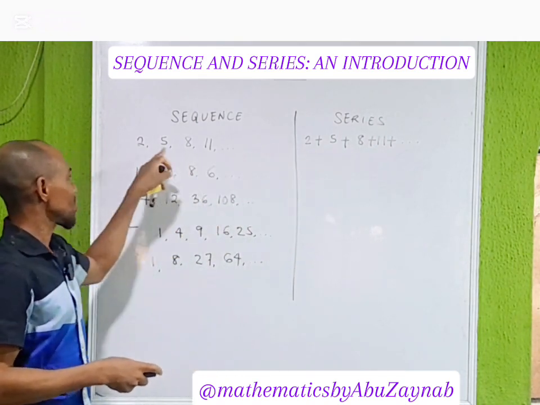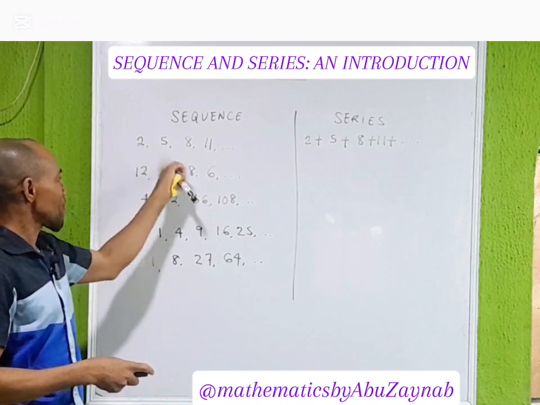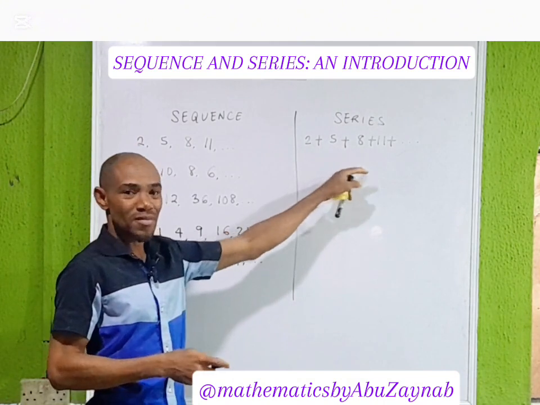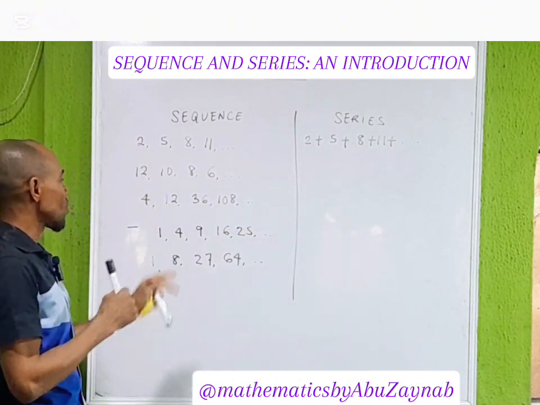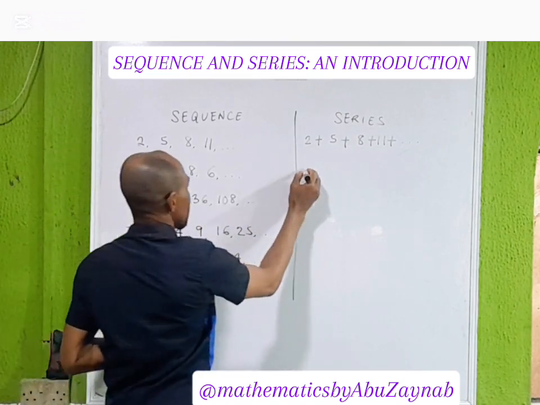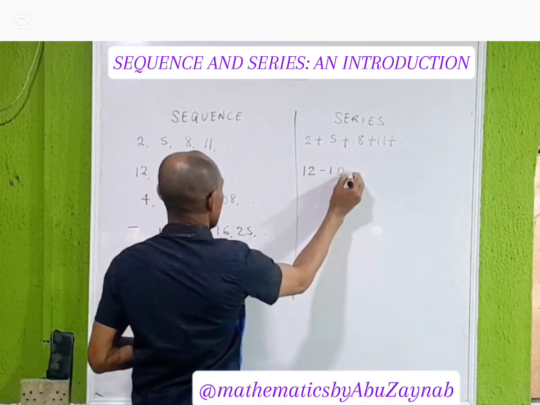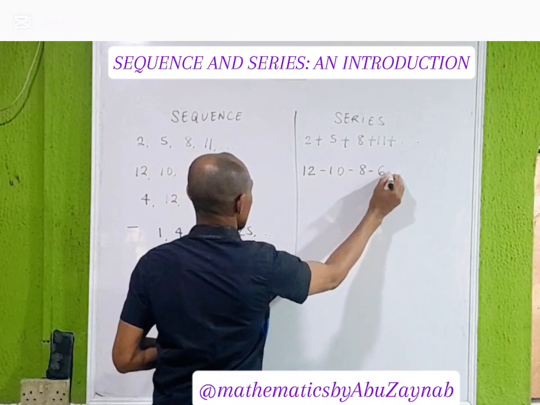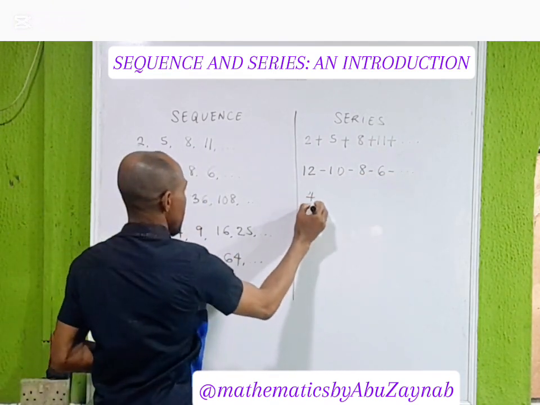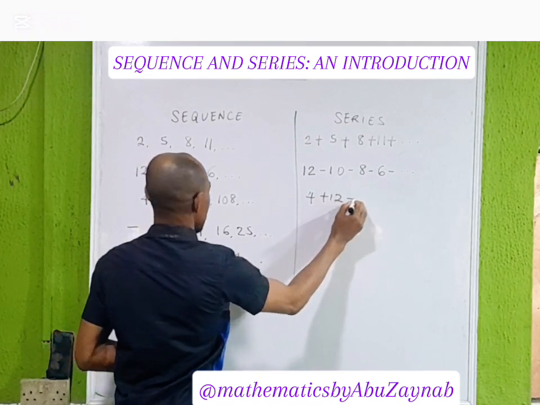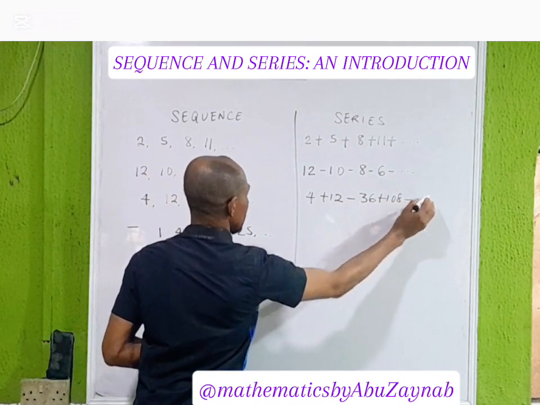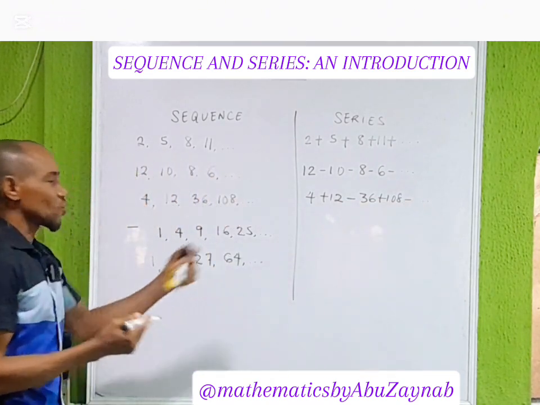You can see the difference. Sequence: they are the same numbers, 2, 5, 8, 11. But the comma being replaced with plus or minus, as the case might be, turns this from a sequence to a series. Similarly, here you can have minus 10, minus 8, and so on. And here we have 4 plus 12 minus 36 plus 108 minus, so that's a mixture, and so on and so forth.